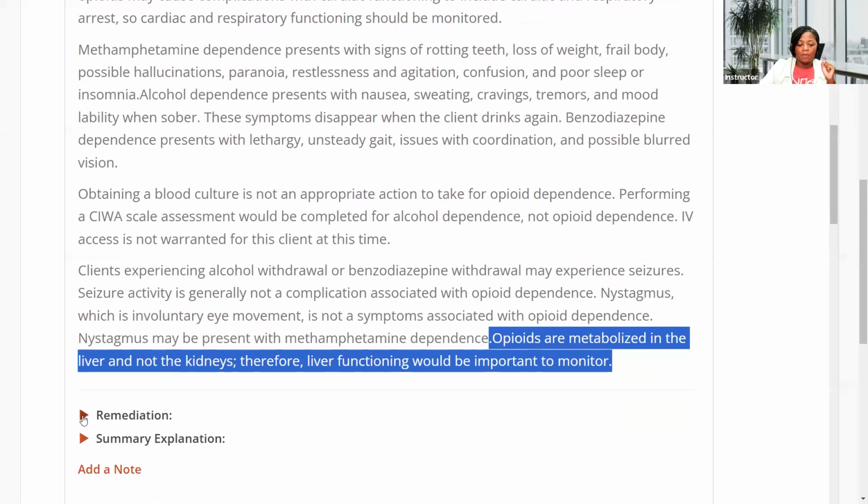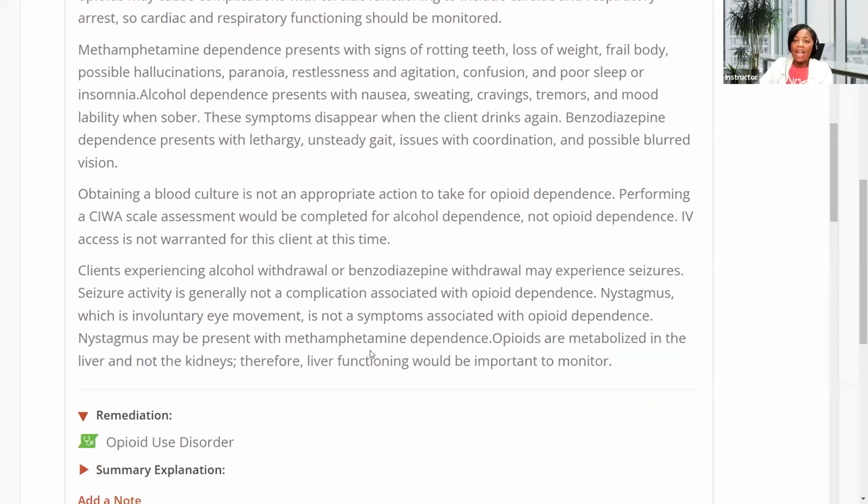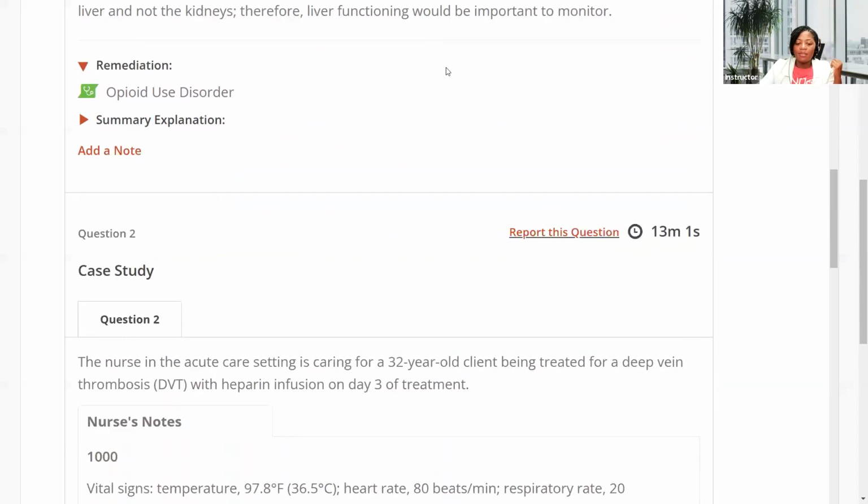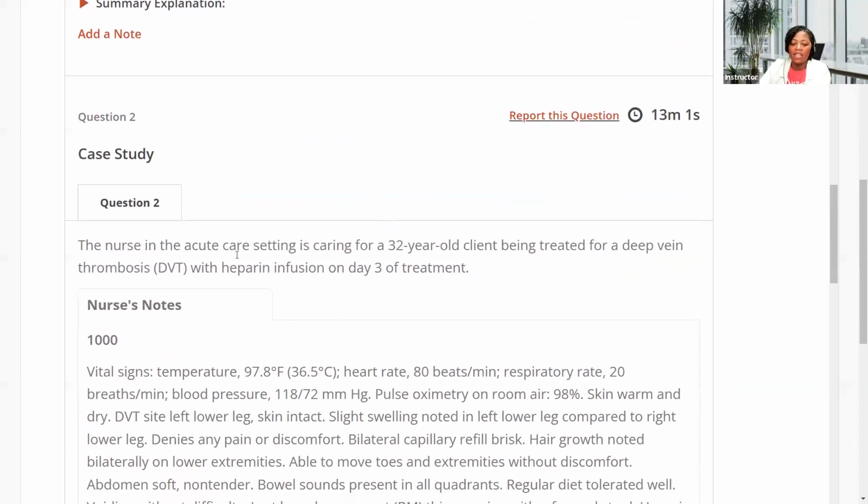And the remediation on this particular one was opioid use. If this was something you struggle with, this might be a good thing to review on opioid withdrawal and how we manage the patient. All right. Another one was our next patient. We ended up moving on to the patient that had the DVT and was on heparin.